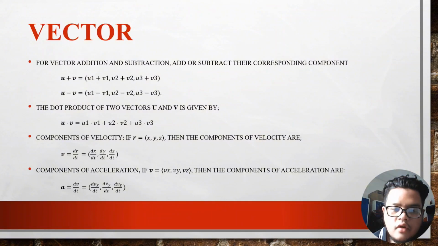For the vector, we can use the formula of vector addition and subtraction. Next, we can use the formula of dot product of two vectors u and v. And also, if we want to find velocity and acceleration, we can use both of these formulas.